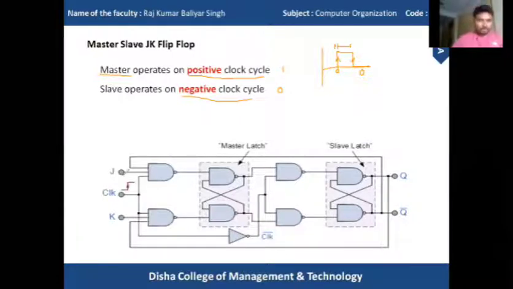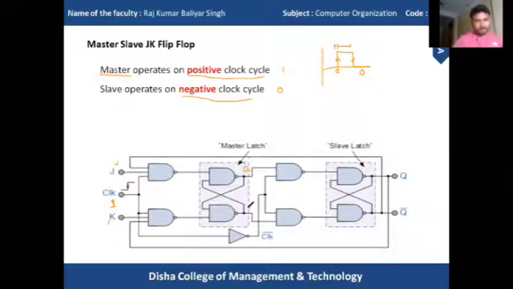So this clock is supplied to the master. When the clock value is 1, the master will operate. Whatever the value of J and K, the master will operate, and it produces the values Q and Q naught at its output side.